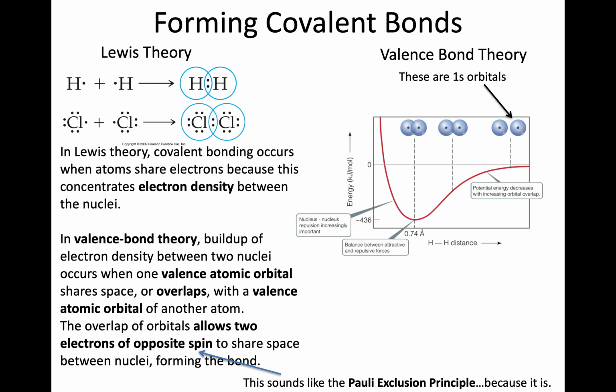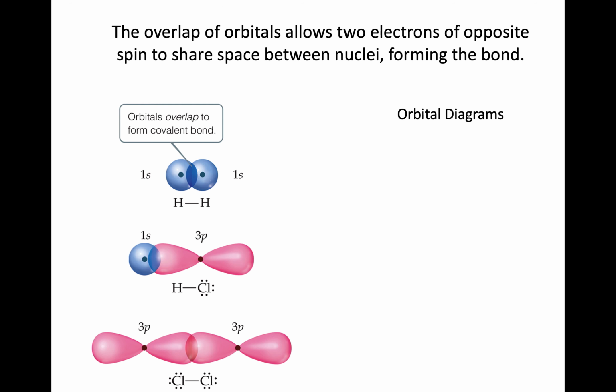This idea of two electrons of opposite spin, if that sounds like the Pauli exclusion principle, it is. This is now, instead of saying electrons are dots, let's place them back into atomic orbitals and see how those atomic orbitals can come together to form covalent bonds. The overlap of orbitals allows two electrons of opposite spin to share the space between the nuclei, and the net attractions then will form the bond.